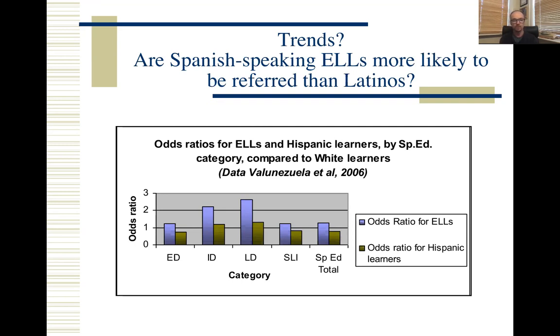What would really jump out is that English learners are much more likely in all cases to be referred to special education for emotional disturbance, intellectual disability, learning disability, speech language, and overall special education. Not always the case for Latino learners.